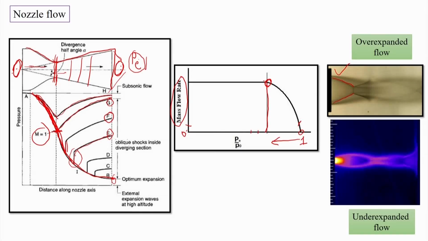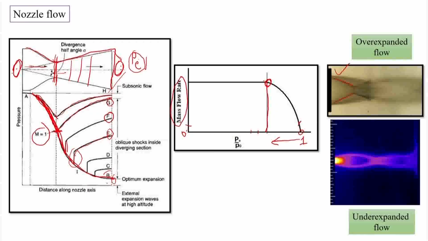Further, if we have a pressure at the exit of the nozzle which is below the expected exit pressure for the isentropic expansion, then the flow will continuously expand in the nozzle and will reach a pressure PB, but the exit pressure is lower than PB.